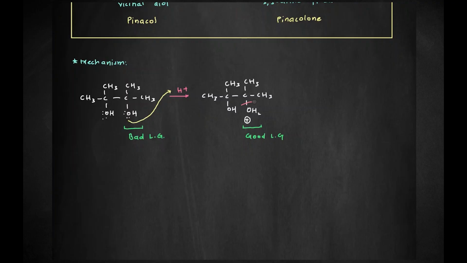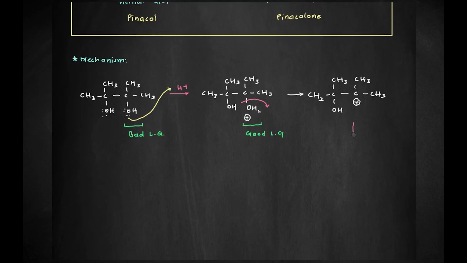Clear? In the next step, OH2 will get removed here, correct? And what will you get here? CH3, CH3, OH, this is C, this is CH3, and here a carbocation will be formed, right? Now here, to form a more stable carbocation, a 1,2 methyl shift will take place.